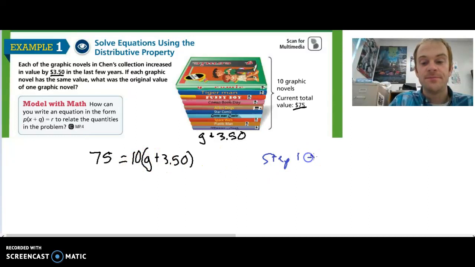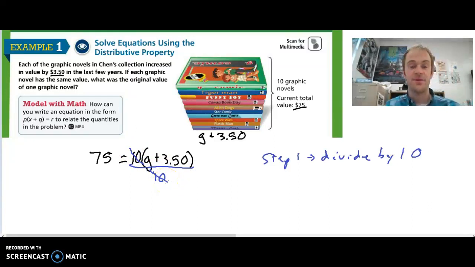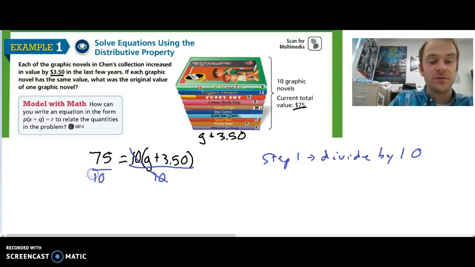So step 1, I'm going to divide by 10. And what we see happen here is when I divide this by 10, this cancels out. We said that becomes 1, which doesn't really change the value of anything. And then I also, like we said with this golden rule of equations, I have to do it to both sides.